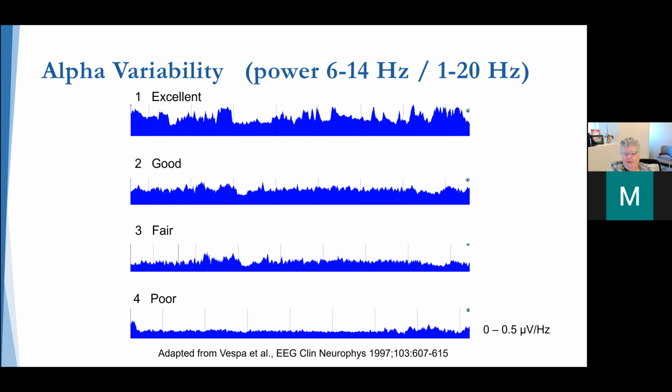Good alpha variability has fewer excursions and an overall lower amount of power in the faster frequency band. Fair, even lower excursions and lower total amount of power. And poor looks like somewhere out in Iowa, maybe, with very low amounts of alpha compared to the total frequencies of the EEG.